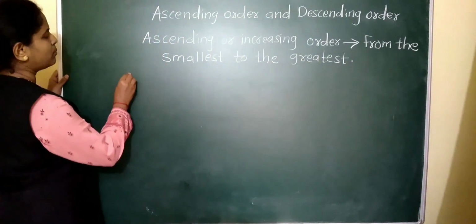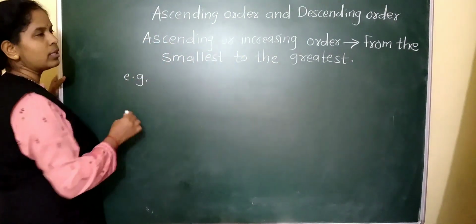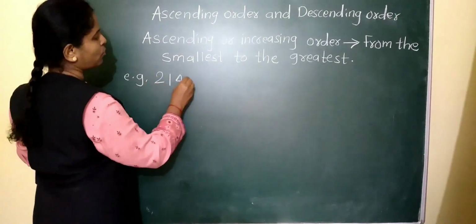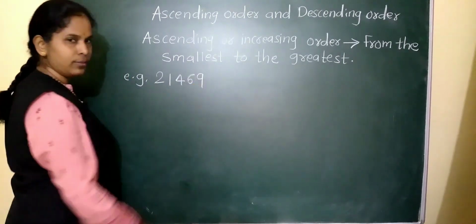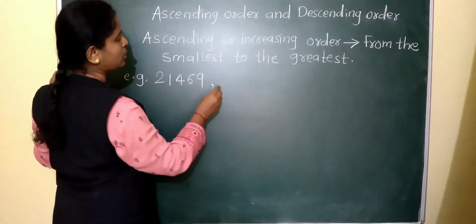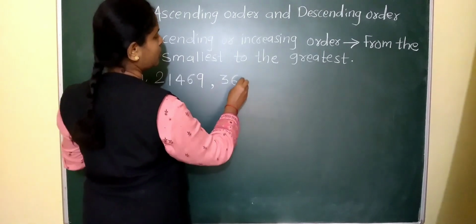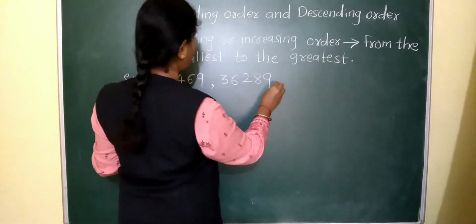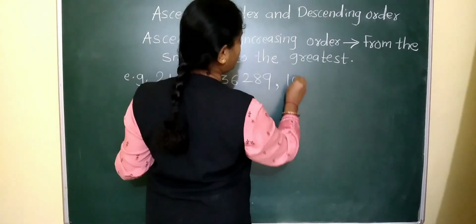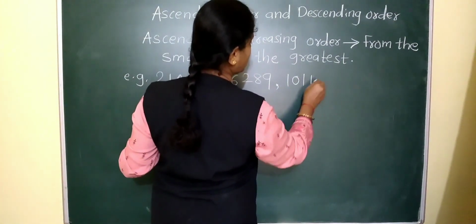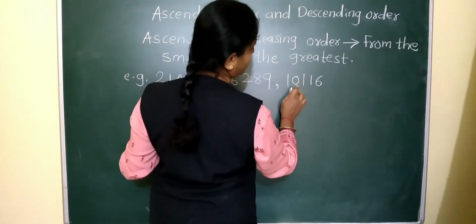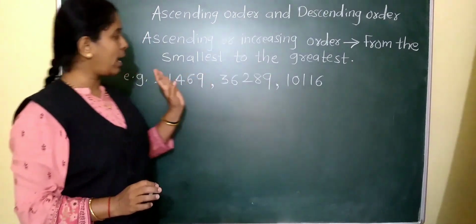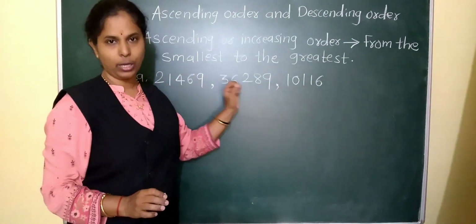For example, see here, say 21,469, then 36,289, and then 10,116. Okay, these are the three numbers, and we have to arrange them in ascending order.